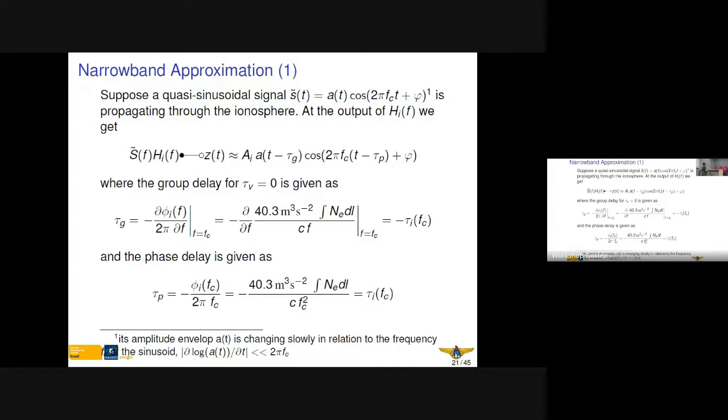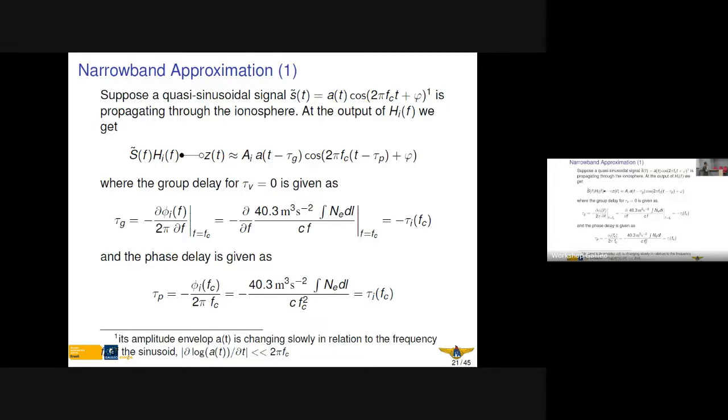And the phase delay tau p can be given by minus phi I of fc divided by 2 pi fc, and this is equivalent to tau I as we defined before.